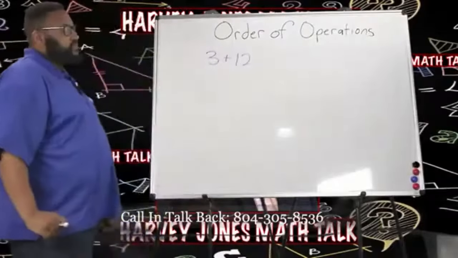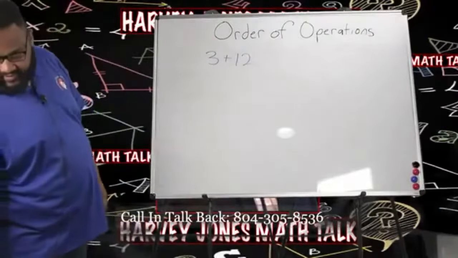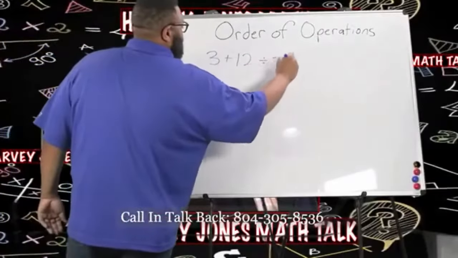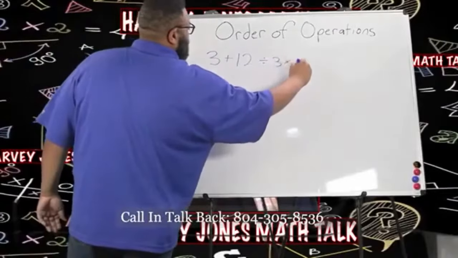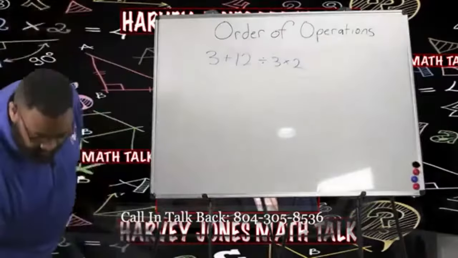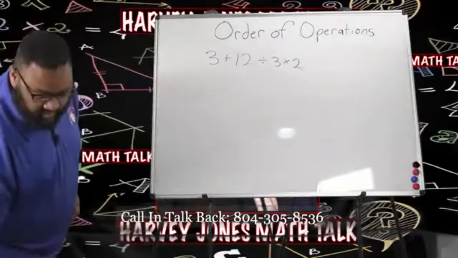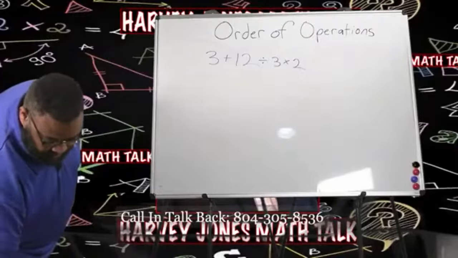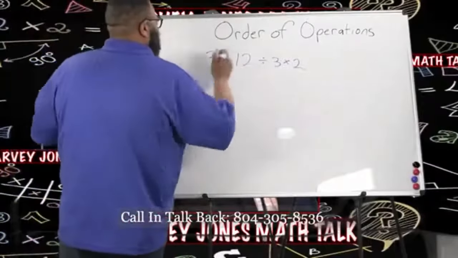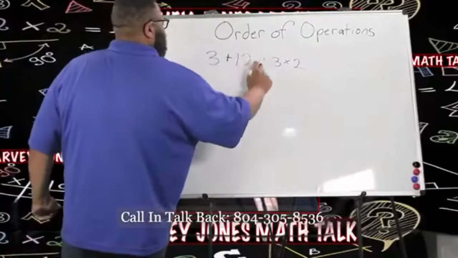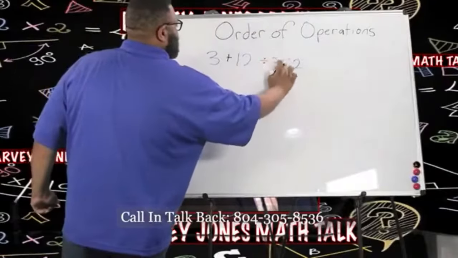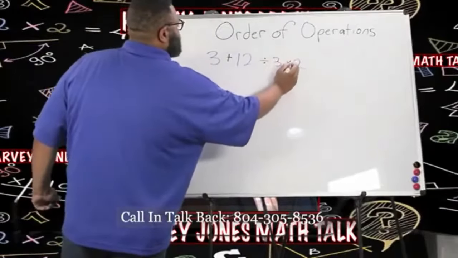Write this down on your notes. 3 plus 12 divided by 3 multiply times 2.